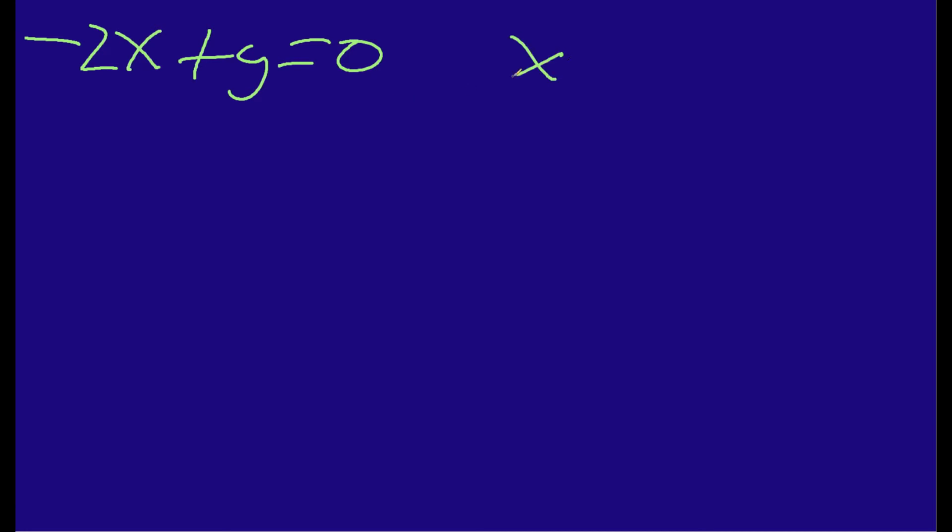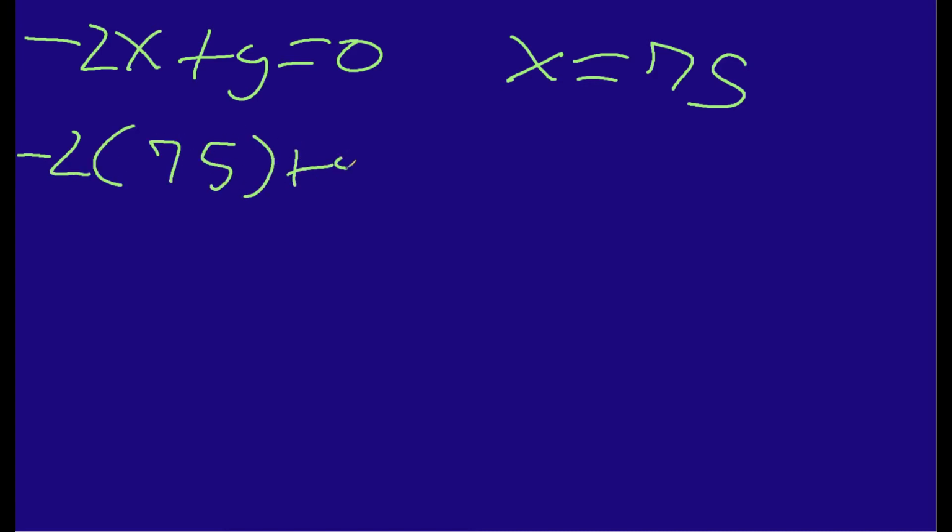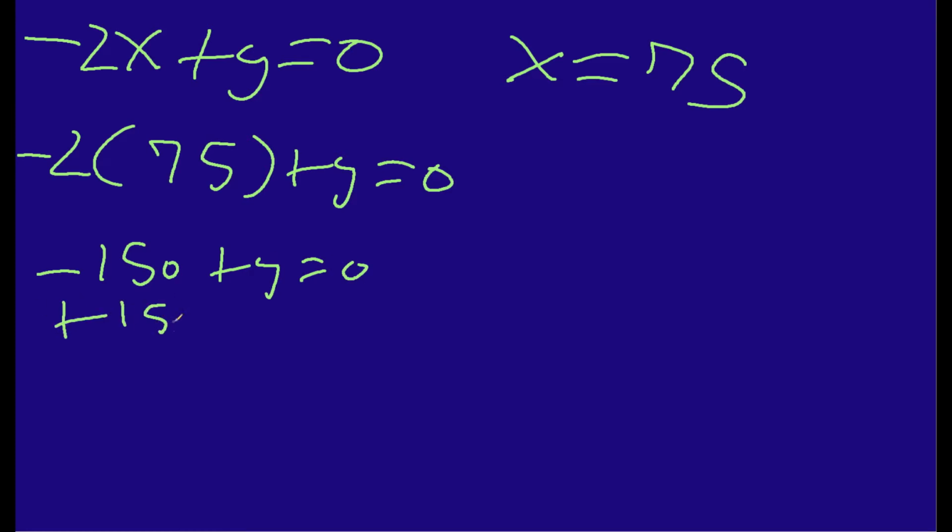We now know that x equals 75, so we're going to plug it in. So negative 2 times 75 plus y equals 0. That means that negative 150 plus y equals 0. If I add 150 to both sides, maybe I should help you out a little bit here.